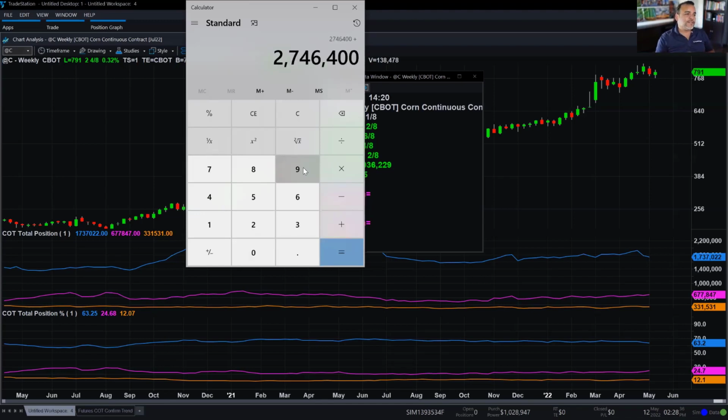Okay, there we go. So we have 2,746,400 contracts for corn that are open at the moment. As I said before, this is not only counting the front month, which is the one that has the most volume and the most open interest, but all the different expirations that are available for corn.